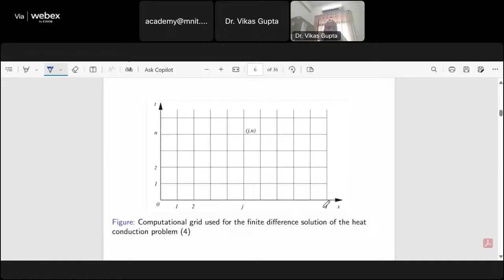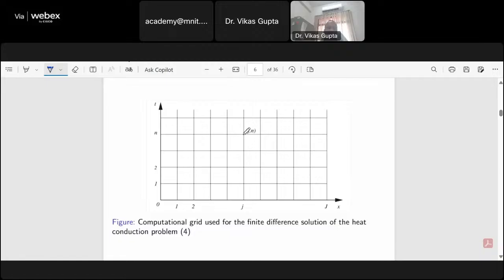The x-axis represents the spatial domain, and the y-axis represents the time domain. So we have J points in space, and so on. We have these time levels. This is the zeroth time level, this is the first time level, this is the second time level, and so on. This is the nth time level. This point represents the jth point in the space direction at the nth time level.